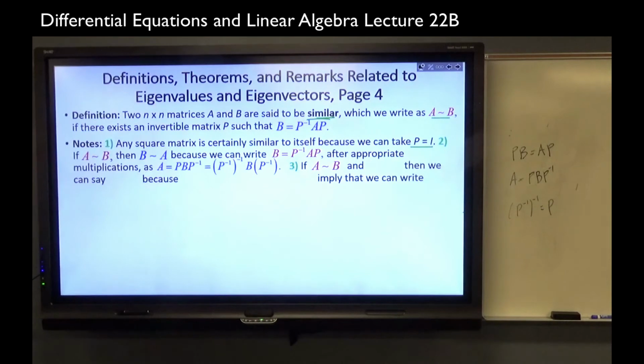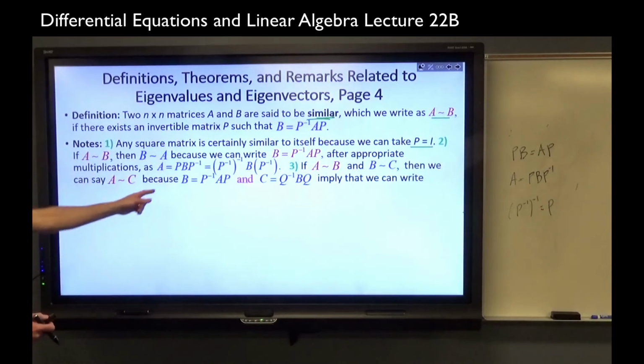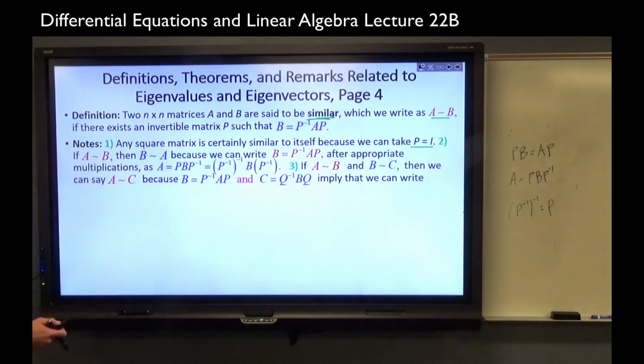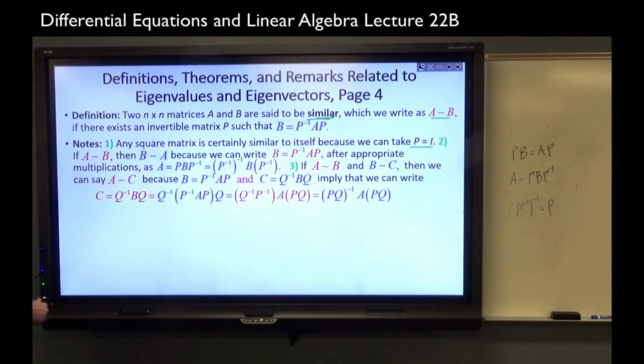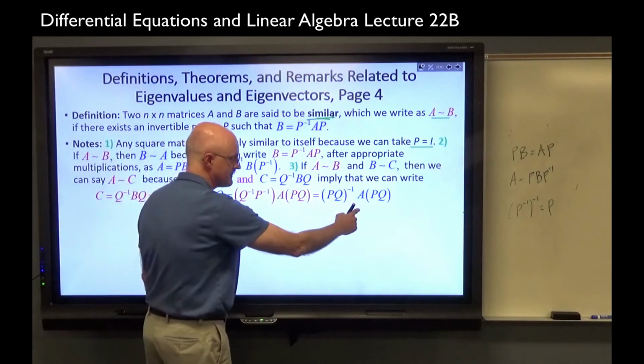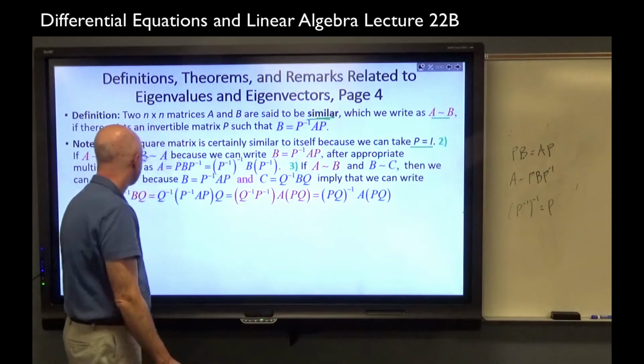And third property, if A is similar to B and B is similar to C, then we can conclude that, in fact, A is similar to C. Because these two facts, B is P inverse AP and C is Q inverse BQ, where P and Q are invertible, imply that we can write C ultimately as the inverse of some invertible matrix times A times that matrix itself.